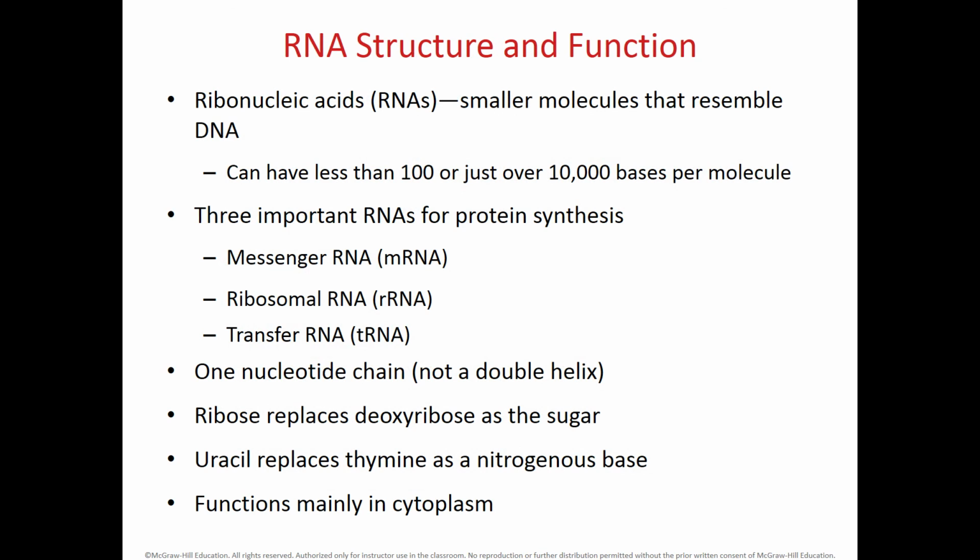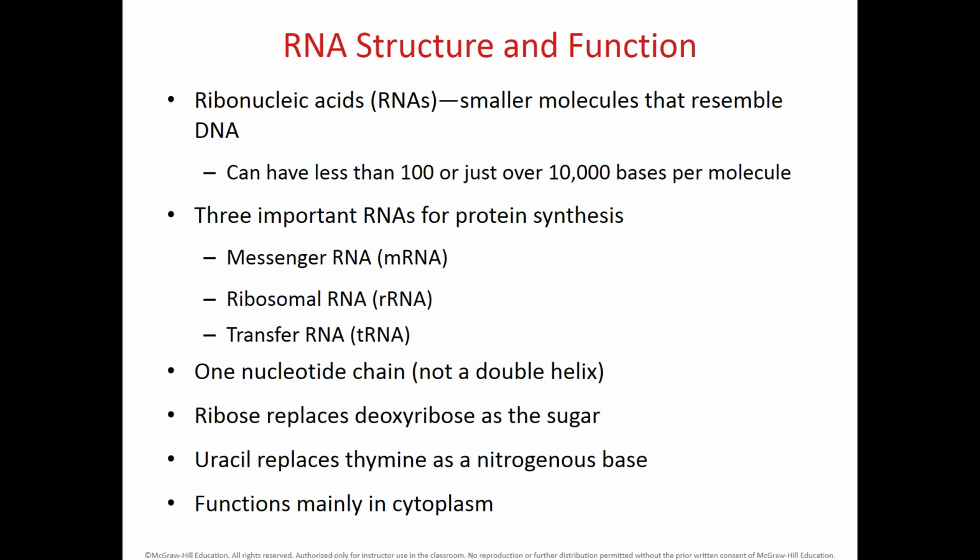Now about RNA. RNA is another nucleic acid. It's called ribonucleic acid, or RNA. This RNA is a long linear polymer, but it is much smaller than the DNA. And it can have between 100 to 10,000 nucleotides or bases.